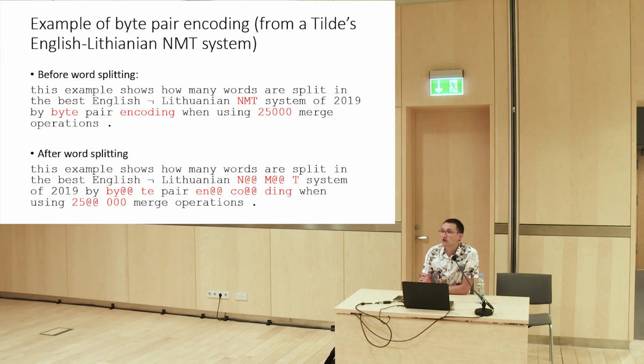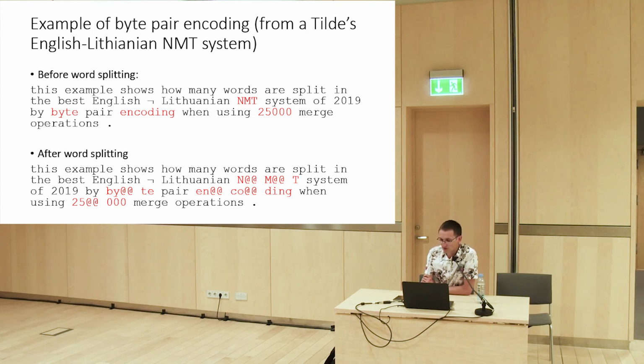If they are frequent, we don't want them to be split, and this allows us to reduce sparsity in the dataset, because now we don't have 1 million words, we have just 25,000 parts. It also allows the neural network to treat very frequent words specially, differently from the other words.